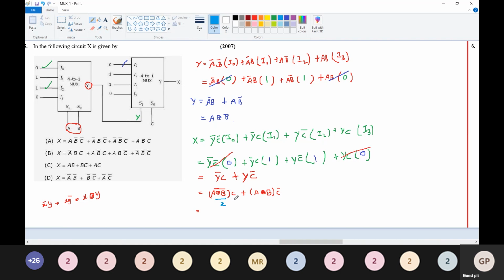This is of the form, I can understand, this is x and this is y. So this can be further written as A XOR B XOR C. Or else we can expand this expression here.